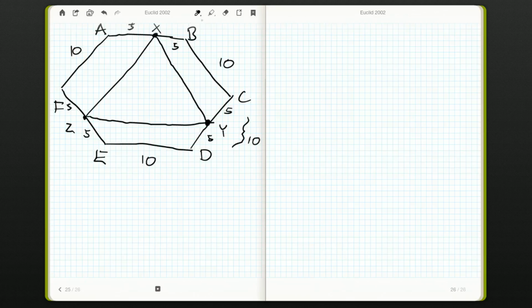Other things to note, and we'll switch colors for this. We have an interior angle of 120 degrees up here. And our triangle is going to be equilateral, as I already remarked, so we're going to have 60 degrees here.